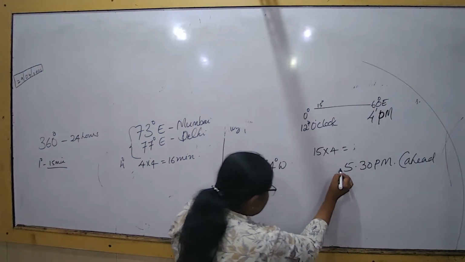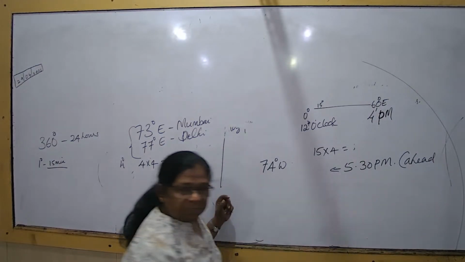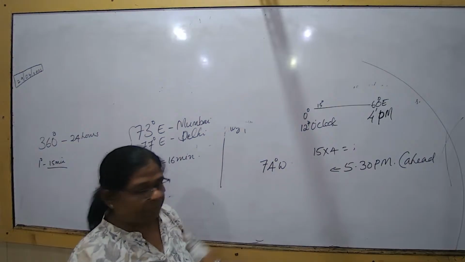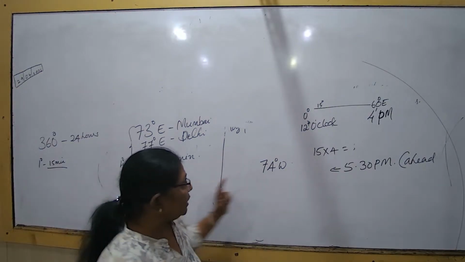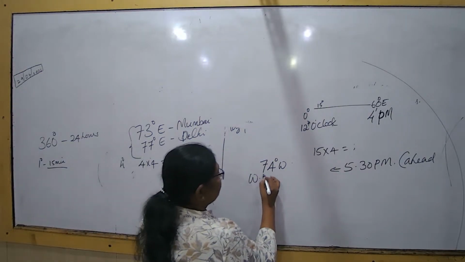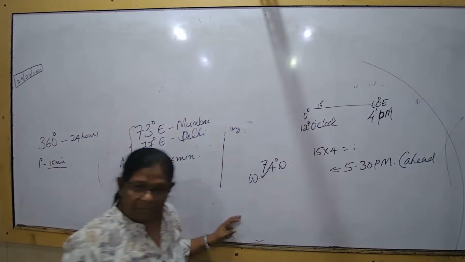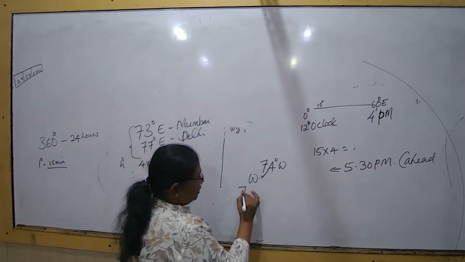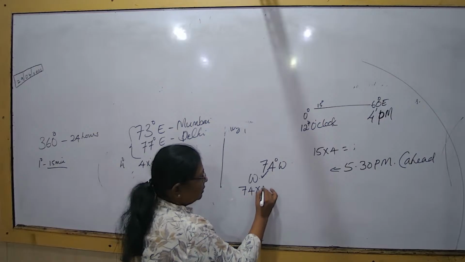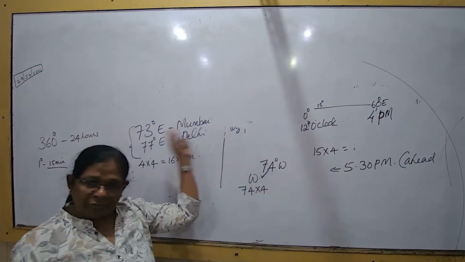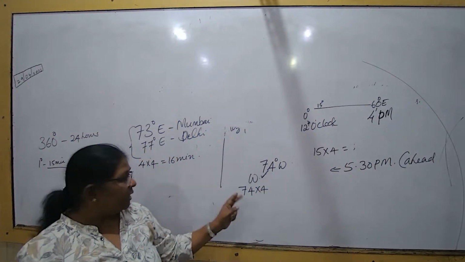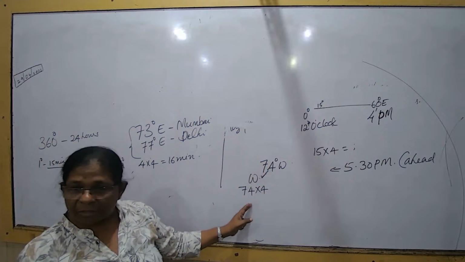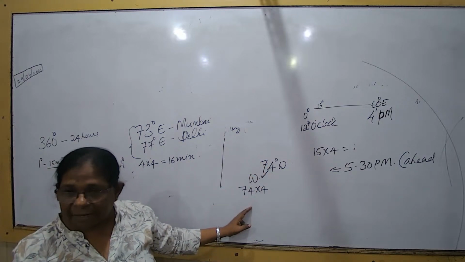Now, here the speech is given, that is telecasted, and it has to be telecasted in the west, that is 74 degree west of 0 degree, Montreal in Canada.